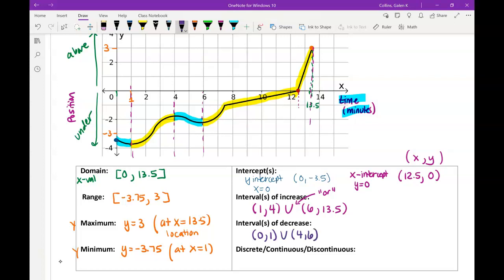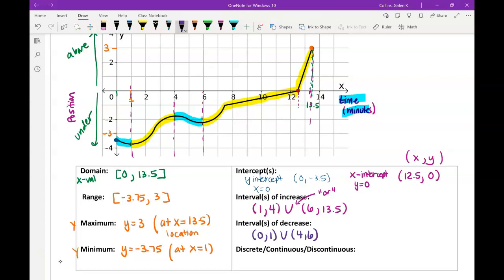So this shows me that the function's decreasing over the interval 0 to 1, and decreasing again over the interval 4 to 6. I realize that it's confusing that it looks like ordered pairs, but again, it's the context that tells us these are intervals. We were asked for intervals.